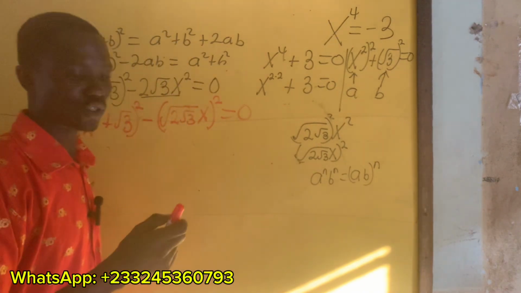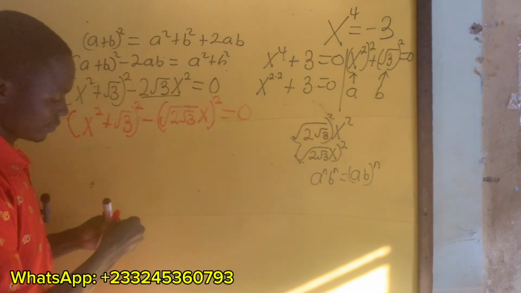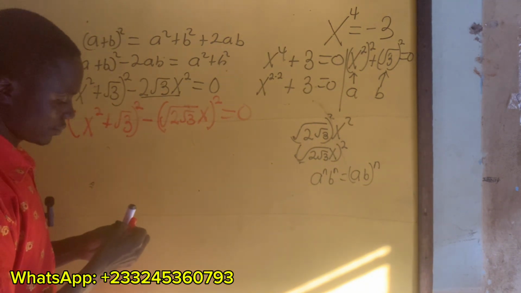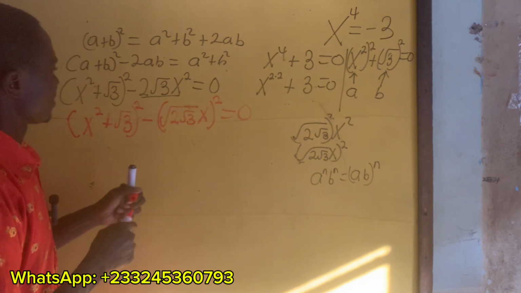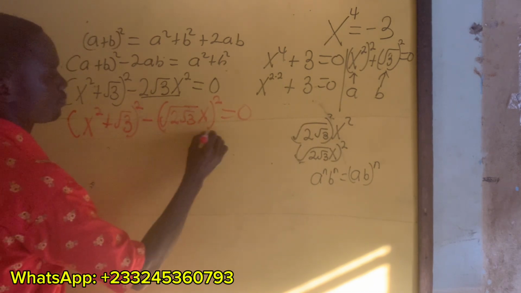And what do we have there? You're going to have a difference of two squares, because this squared minus this squared.